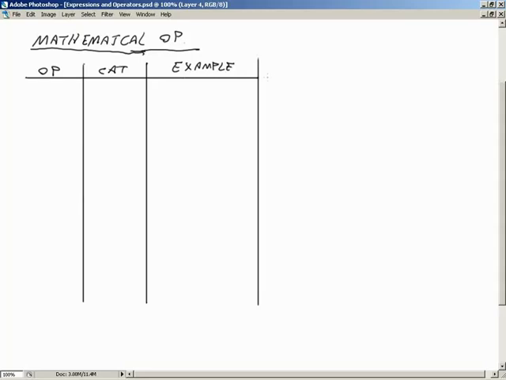All right, mathematical operators. Let's start out with a couple of interesting ones. I'm going to start out with a plus and a minus, but the category type of these operators is going to be unary. So unary and unary, meaning that these guys are not going to be working on two different operands. Now let's go ahead and create some variables.